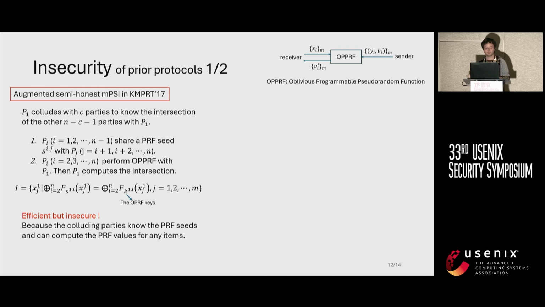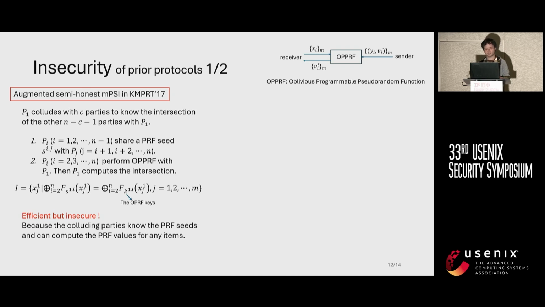In the first step, each party shares a common PRF seed with other parties. Since they get the same PRF key seed, they can compute the same PRF values, and the sum of them will be 0. So the final result will be 0.